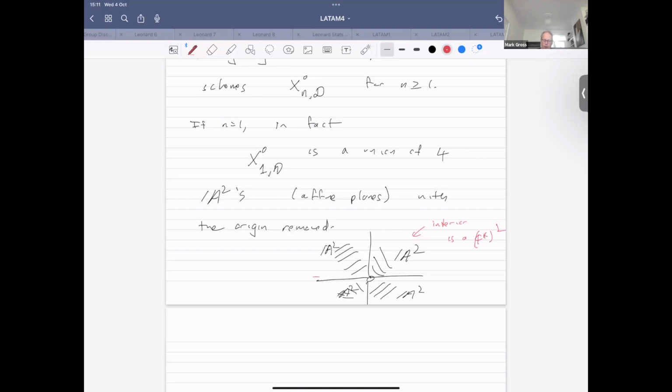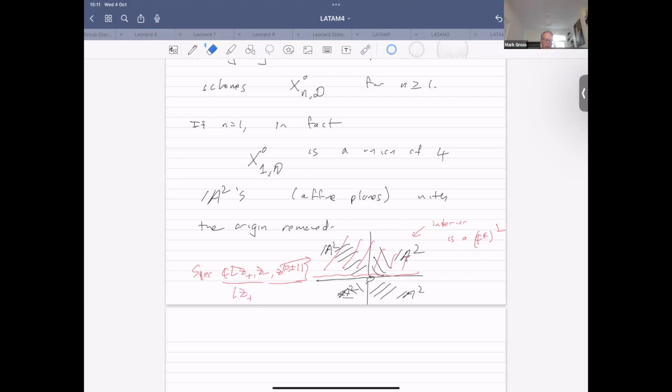And a neighborhood here, if you take a look at this neighborhood, this looks something like Spec C bracket Z plus, Z minus, and then Z to the 0 plus or minus 1, modulo Z plus times Z minus.